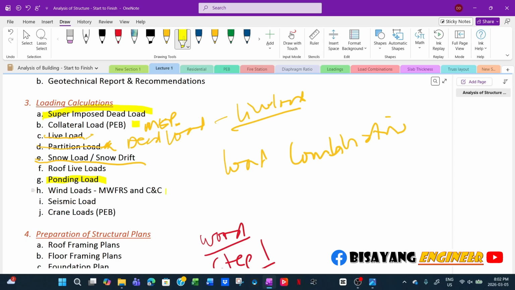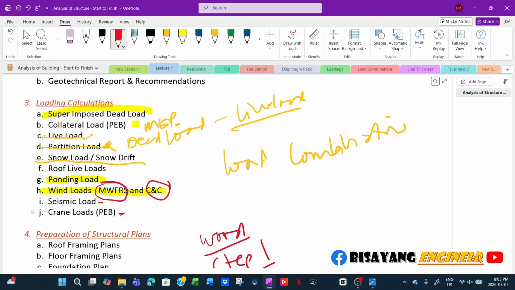And then we'll also focus on how the wind load is applied to a building, because there was a confusion whether to use the main wind force resisting system or the components and cladding. And then seismic load also, that's pretty straightforward. Just determine the seismic load based on whatever the governing code or provision for seismic in your local jurisdiction.